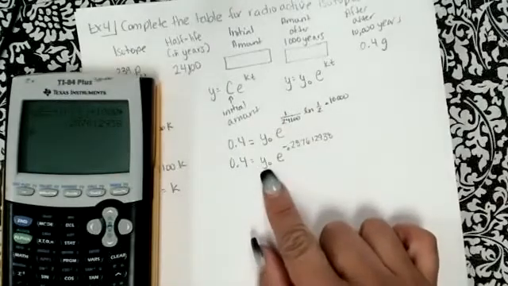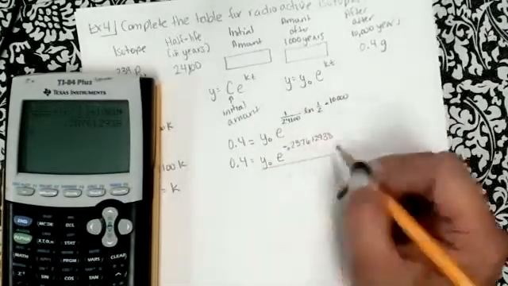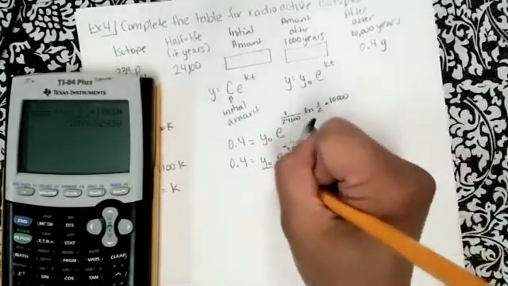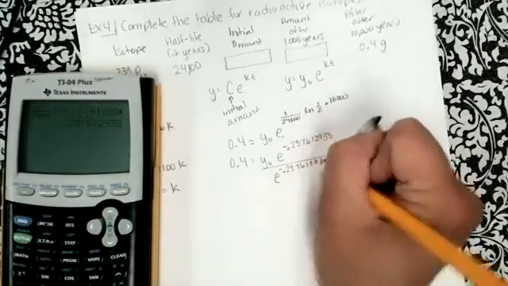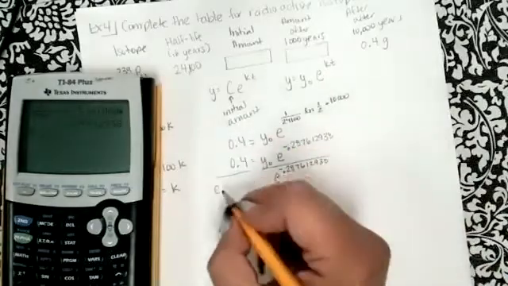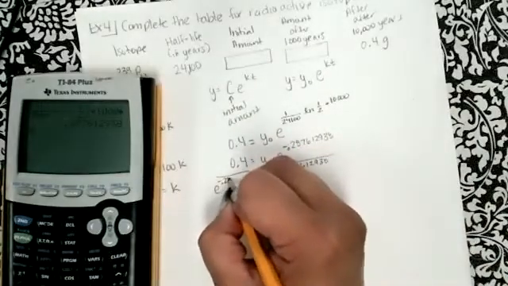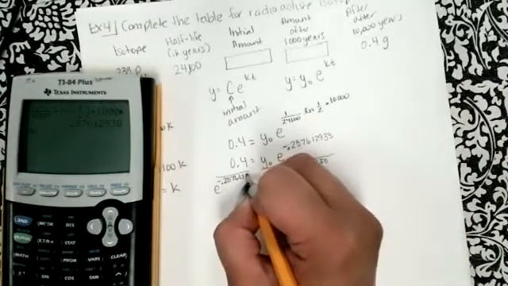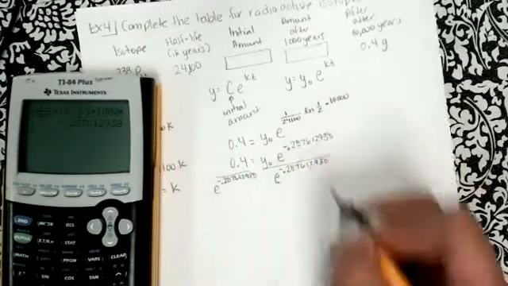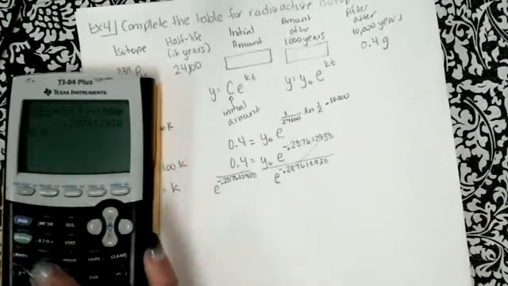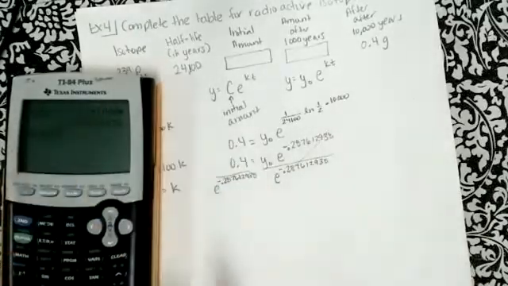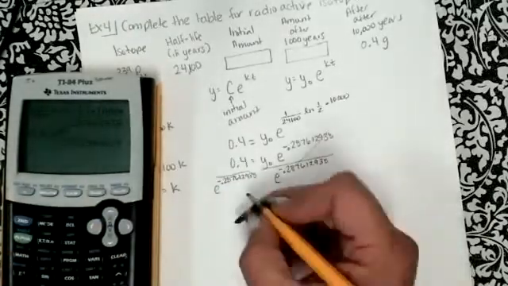Since I'm solving for the initial amount, I'm going to divide both sides by all this good stuff. So I have 0.4 divided by e, and then I'm going to pull the answer from the top because I'm trying not to round.